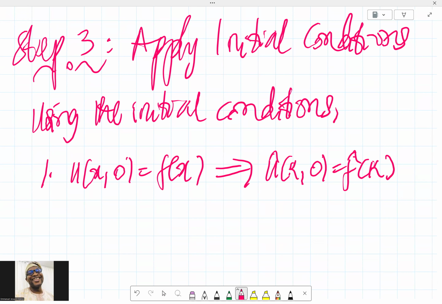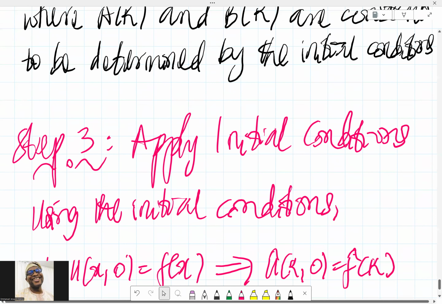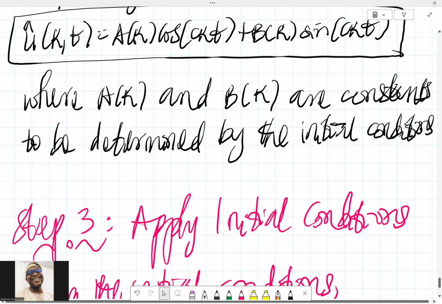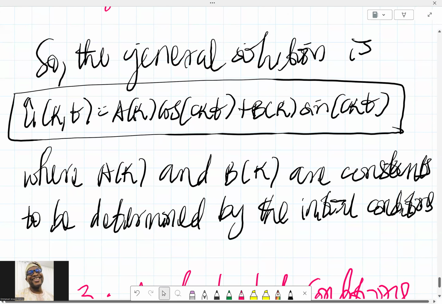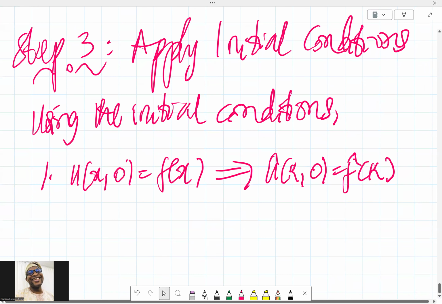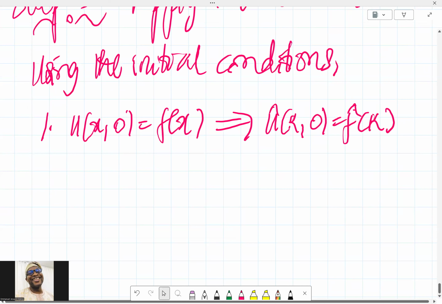Because when t is 0, we have sine 0, so that is gone, and cos 0 is 1. So we just have u of k, t will simply be a of k. So it means that u cap of k, 0 is equal to f cap of k, which will take the place of a of k.